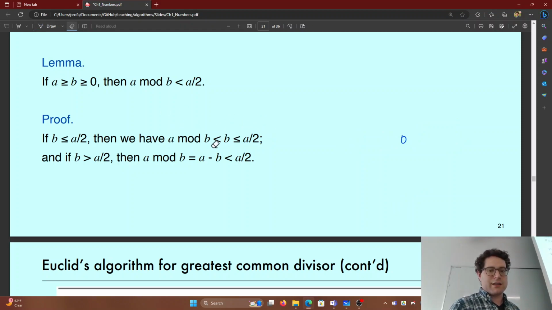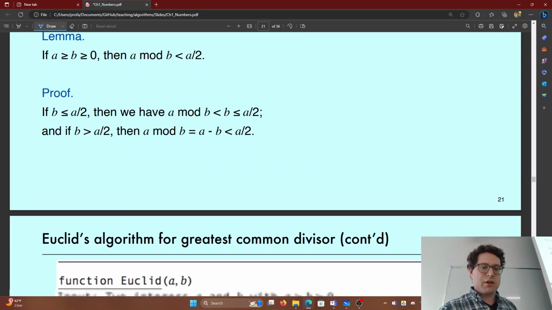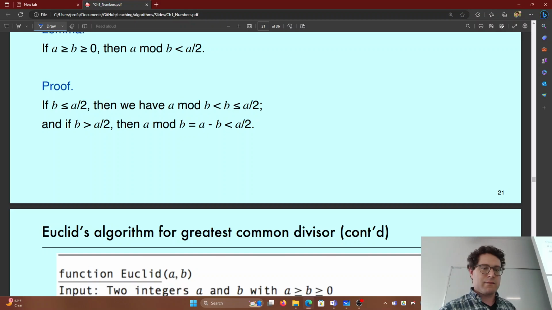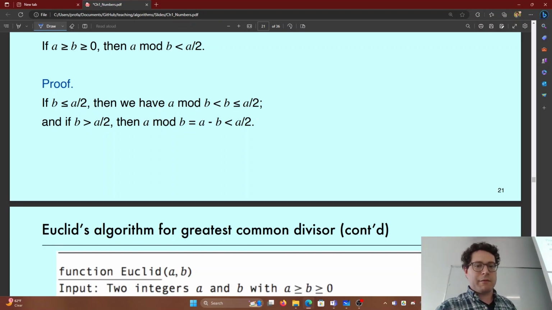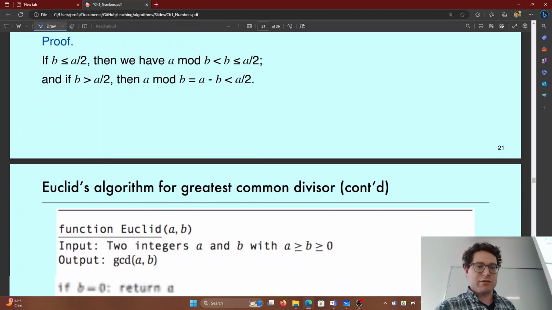And on the other hand, if B is greater than that, then A mod B is equal to A minus B, and that would be less than A divided by 2. What does that mean?